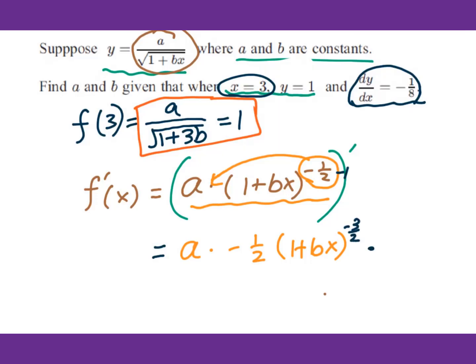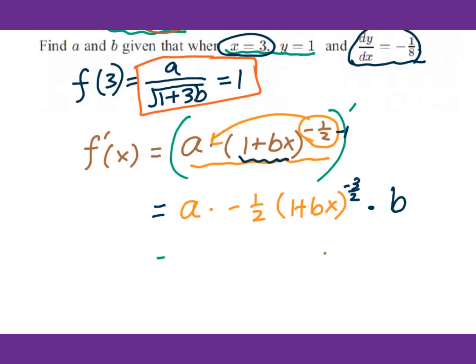Then times, use the chain rule: the derivative for 1 is 0, and bx will be b. We organize. For this one, we know that x to the negative 3 over 2 power means 1 over square root of x to the third power.